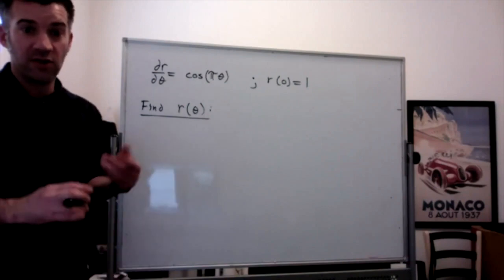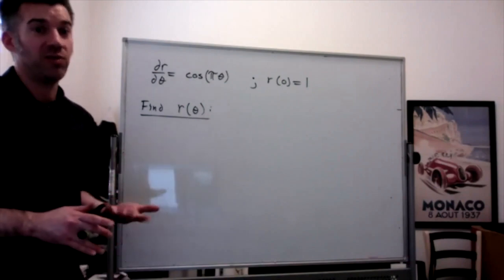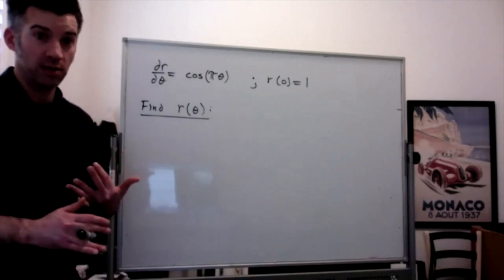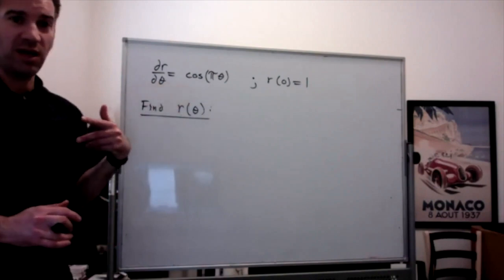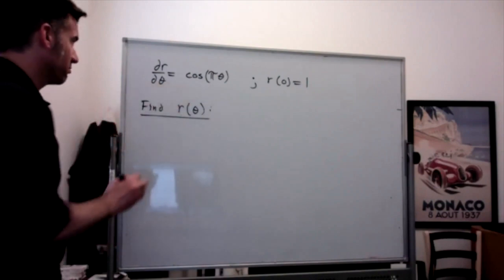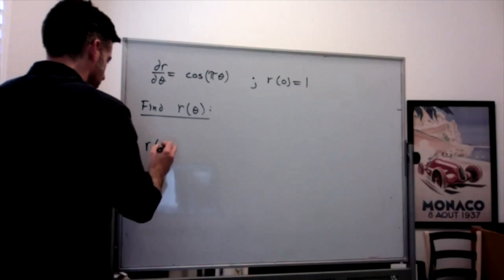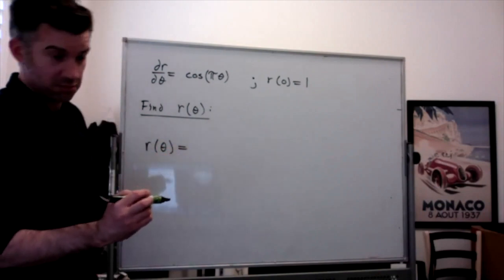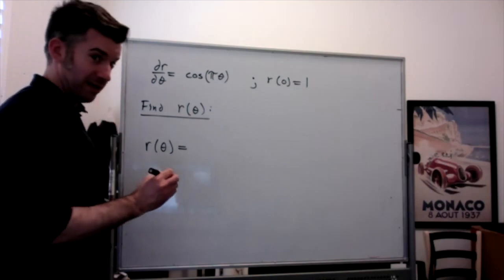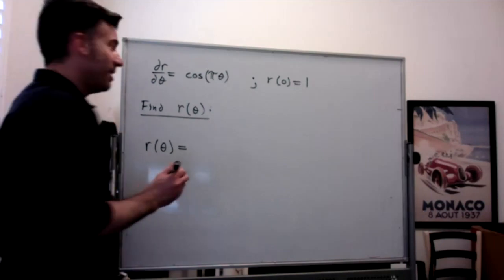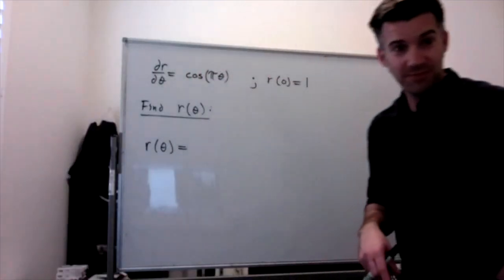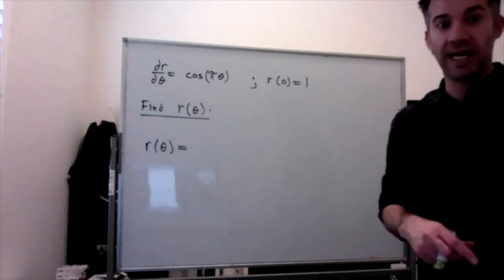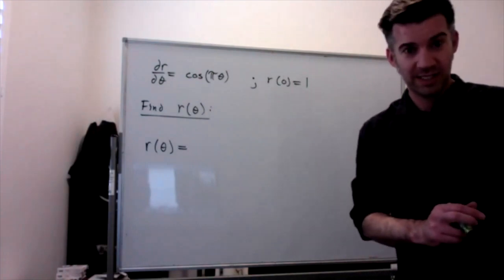If you're given a derivative and you want the original function, we have to anti-differentiate. What's the antiderivative of cosine? Would that just be sine?